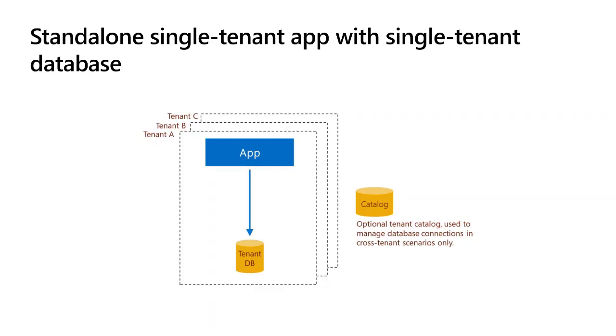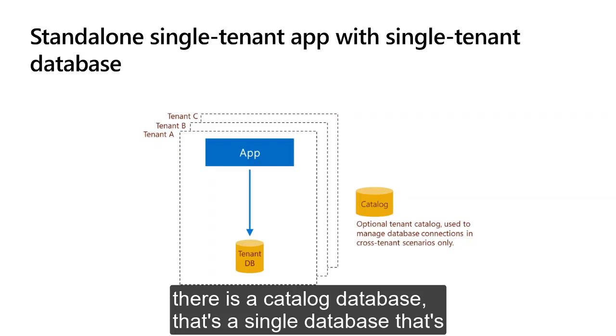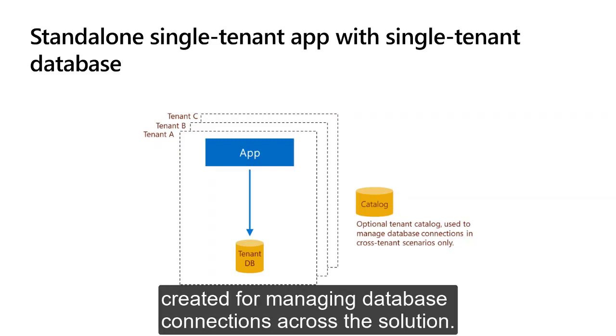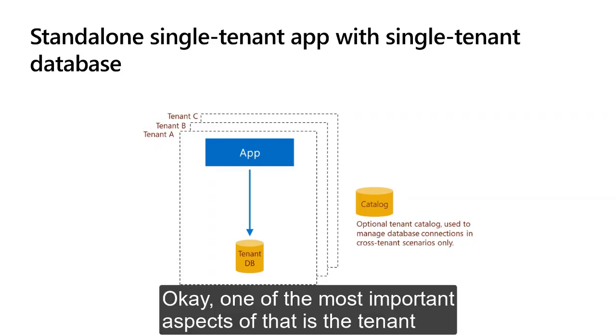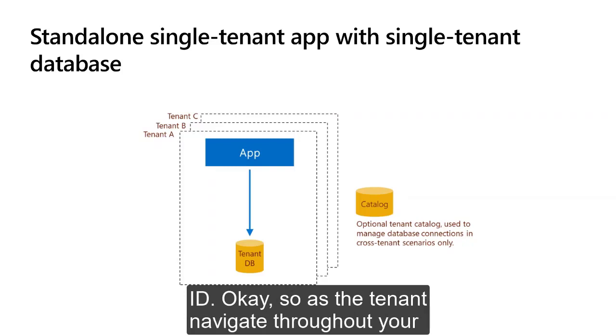In addition, there is a catalog database, a single database that's created for managing database connections across the solution. Okay, one of the most important aspects of that is the tenant ID.